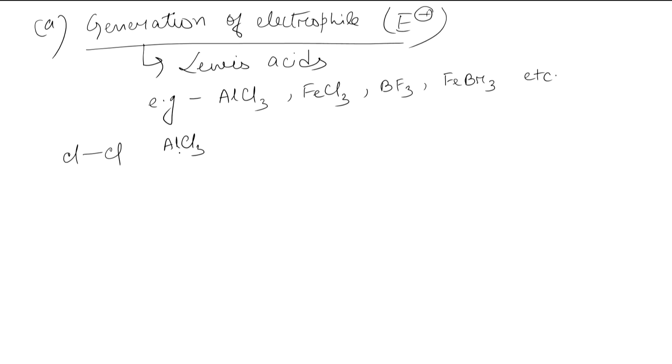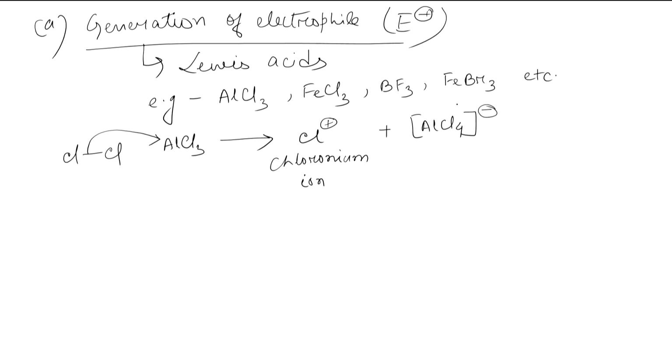Okay. Now, Lewis acids can accept electrons. So, one chlorine atom takes the bonded electrons and goes here. So, it forms one Cl plus, that is called the chloronium ion and AlCl4 minus.